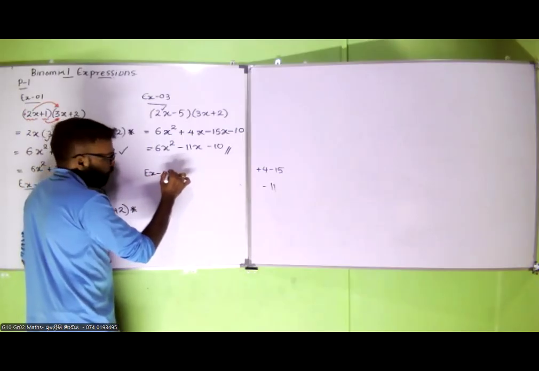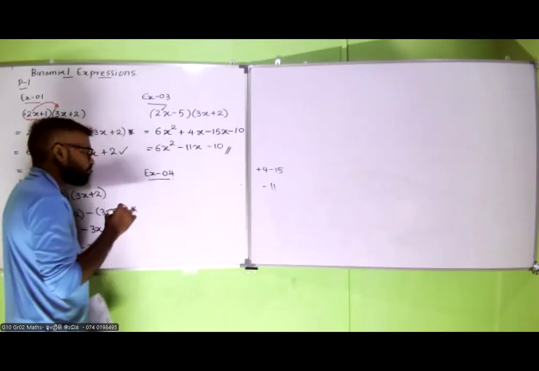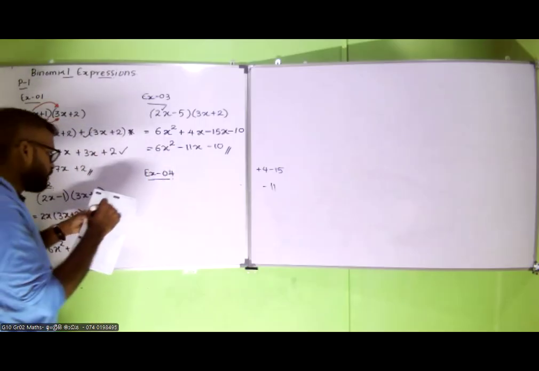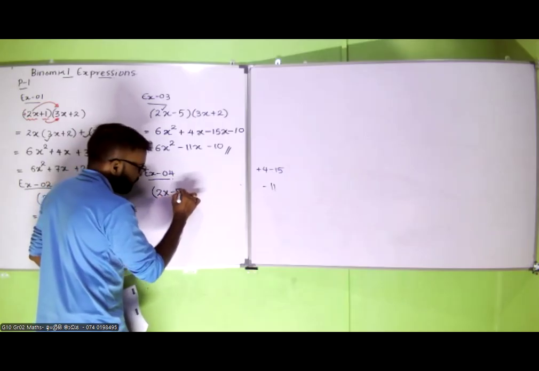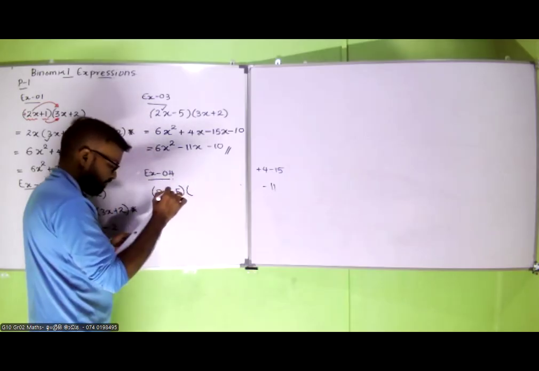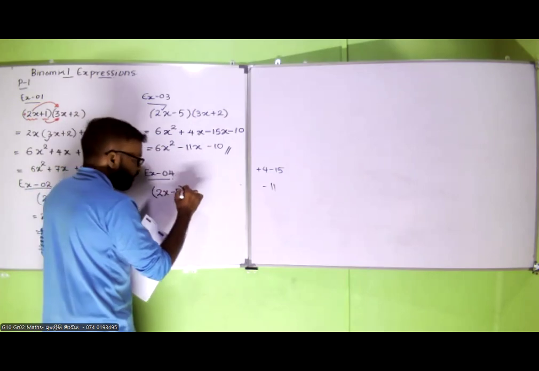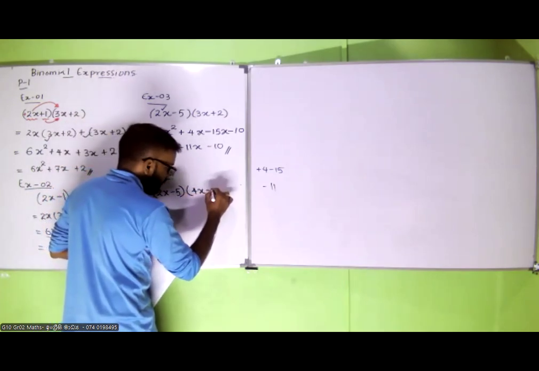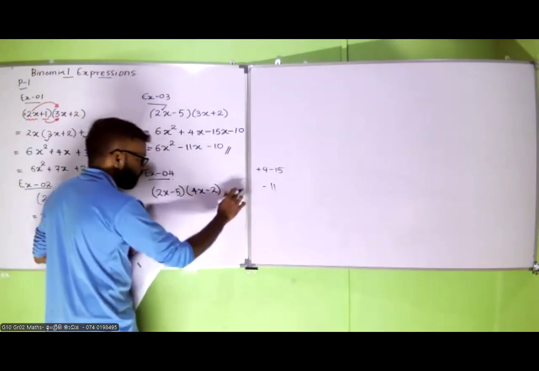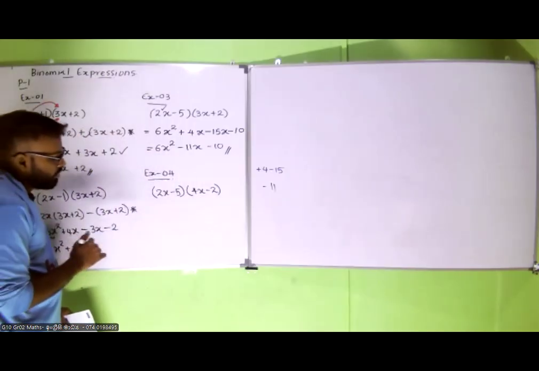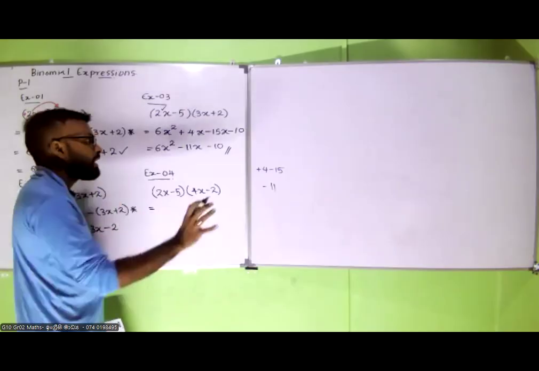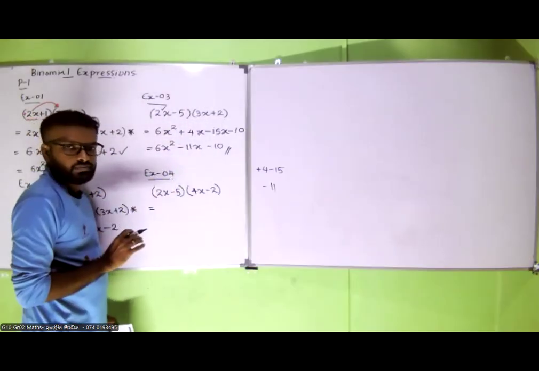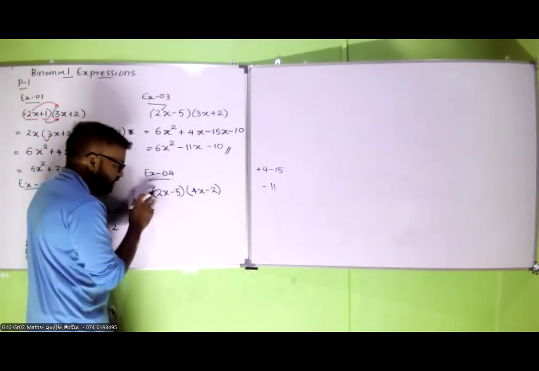Example number 4: 2x minus 5, 4x minus 2. I am going to do the same thing that I have done here.